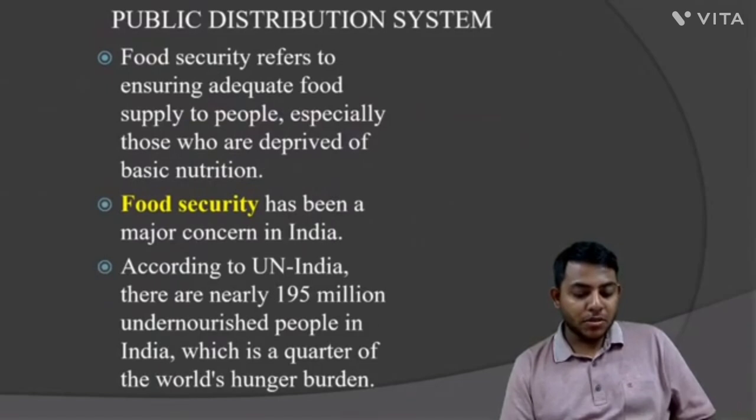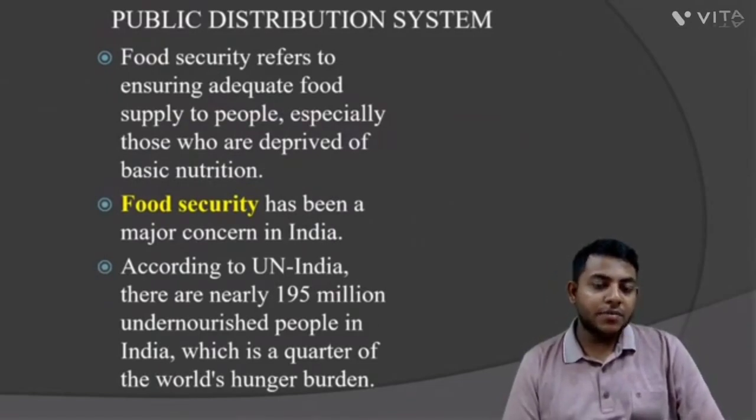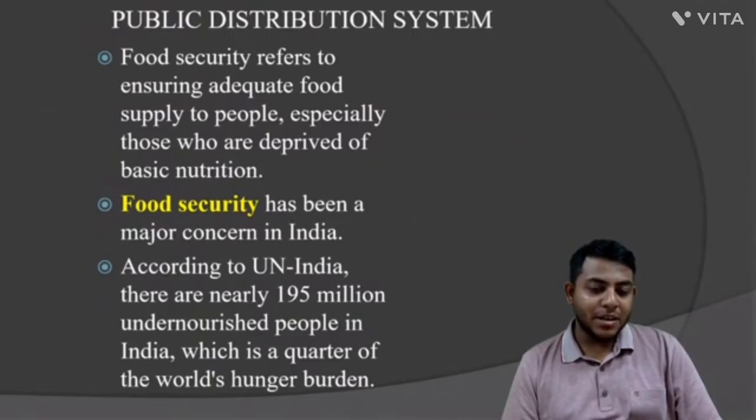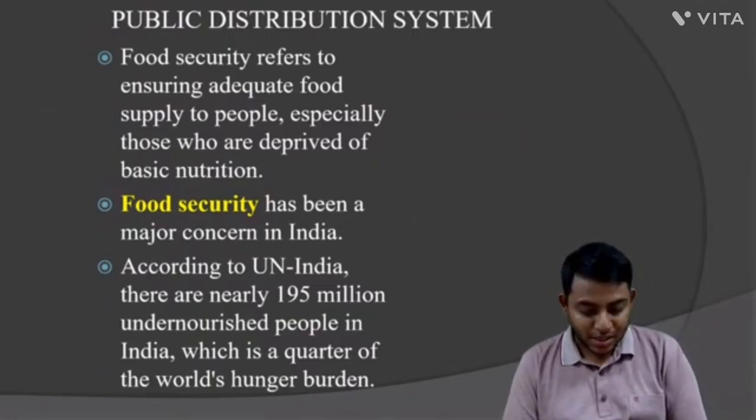Now, if we talk about the public distribution system, food security refers to ensuring adequate food supply to the people, especially those who are deprived of basic nutrition. And food security has been a major concern in India. According to UN India, there are nearly 195 million undernourished people in India, which is a quarter of the world's hunger burden.